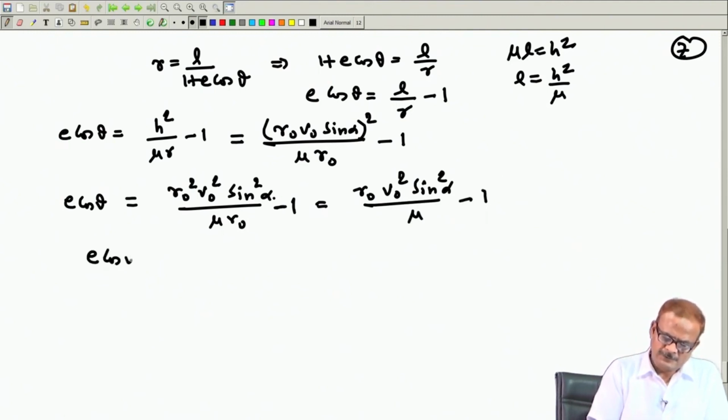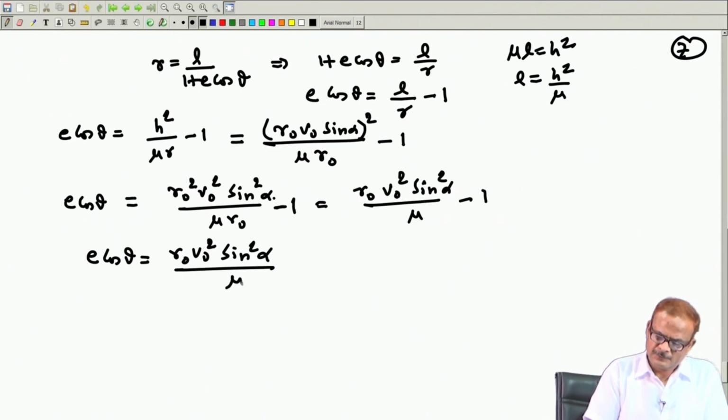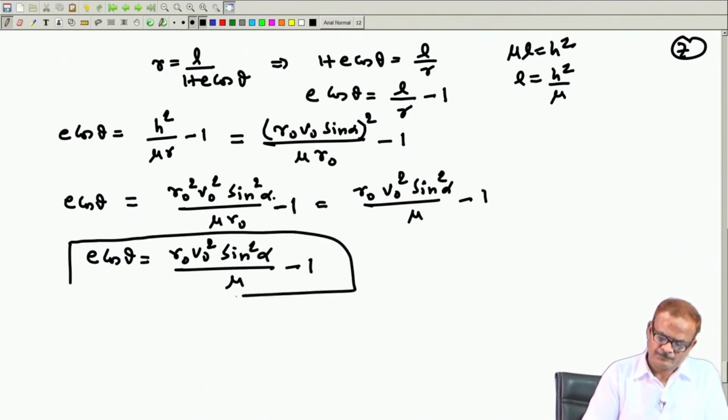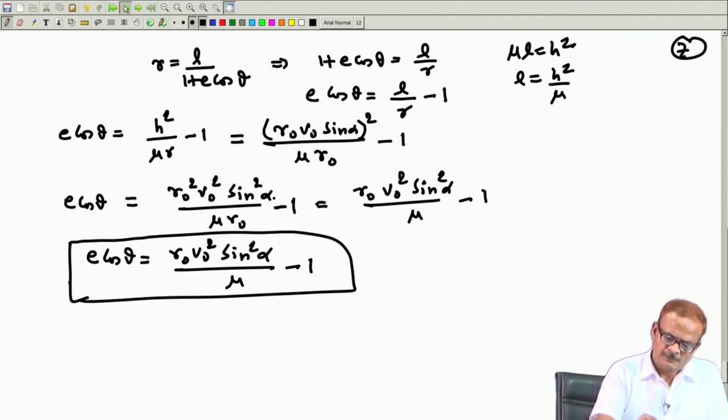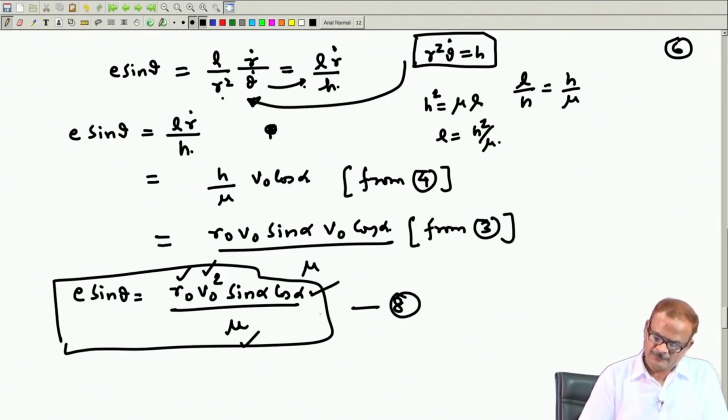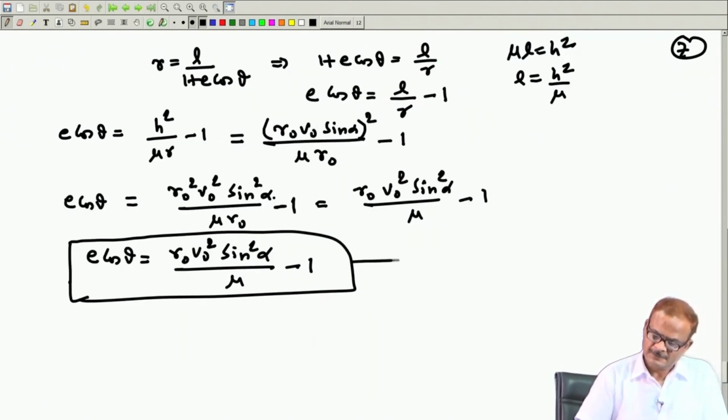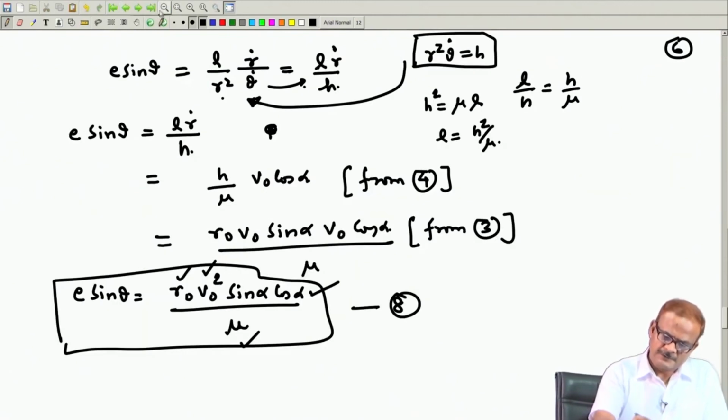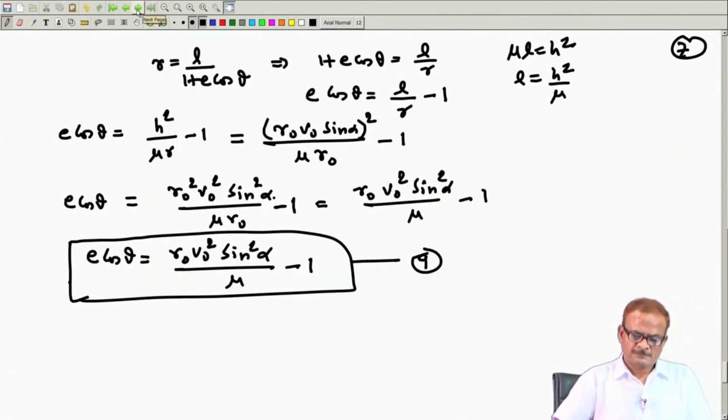So, finally, we have E cos theta equal to r 0 v 0 square sin square alpha divided by mu, minus 1. So, here we have got one expression for E sin theta, and here we are getting E cos theta, all in terms of alpha, r 0 and v 0. So, this is equation number 9. Okay.